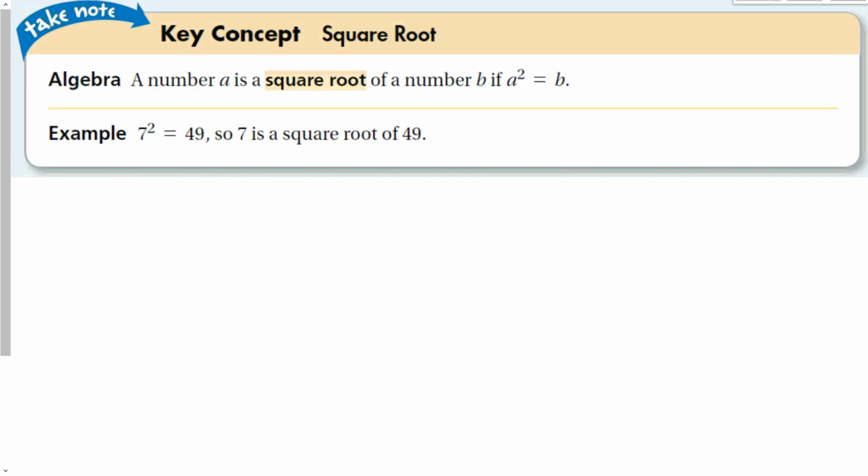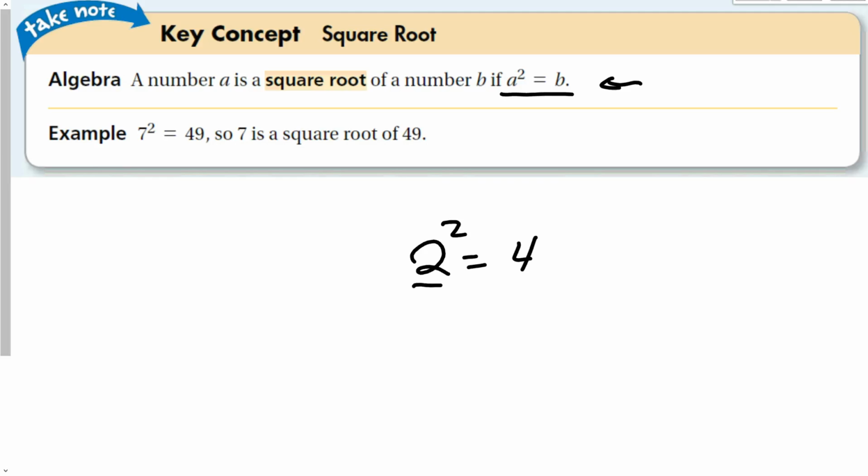If we look at the algebraic example, this one right there, we can see that a number a is a square root of a number b if a squared is equal to b. So that means that if we do something like 2 squared, well, that's going to be 2 times 2, which is 4.